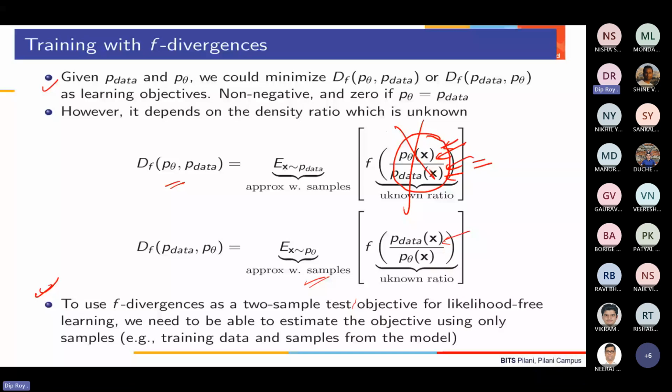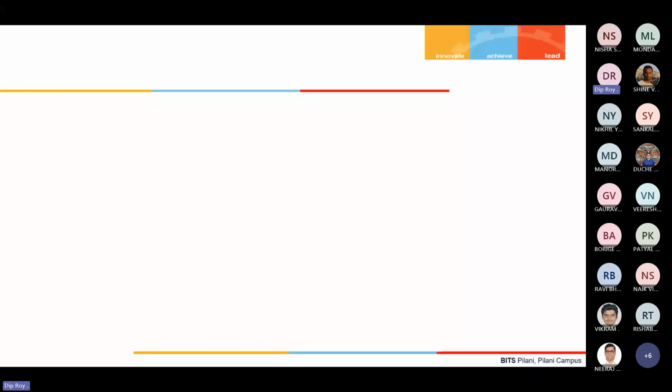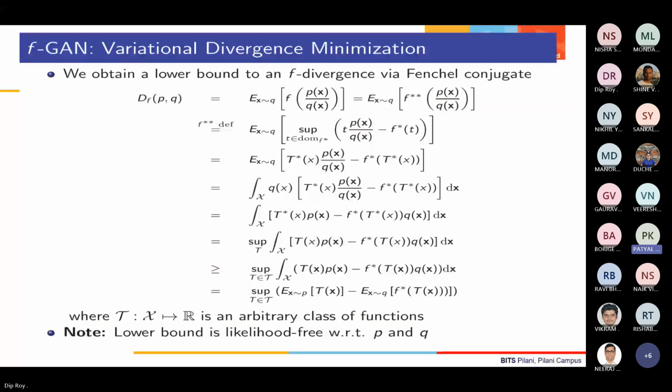And then we went into that Fenchel conjugate zone, where we said that if we cannot solve the primal problem, and we use a Fenchel conjugate to solve this problem, we get a form which is independent of this ratio.